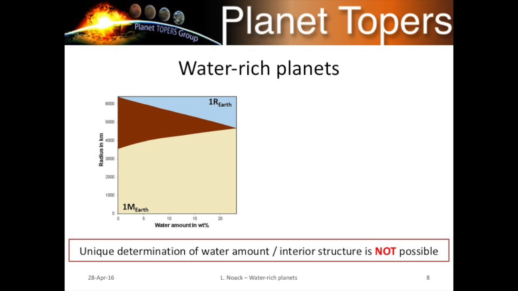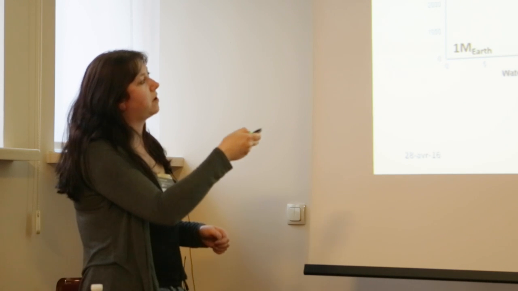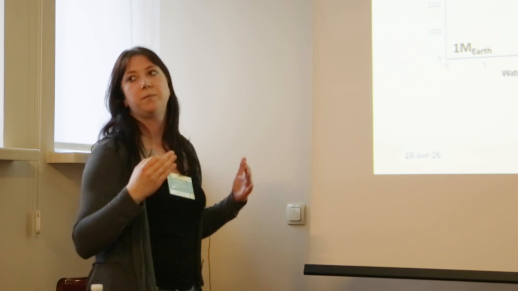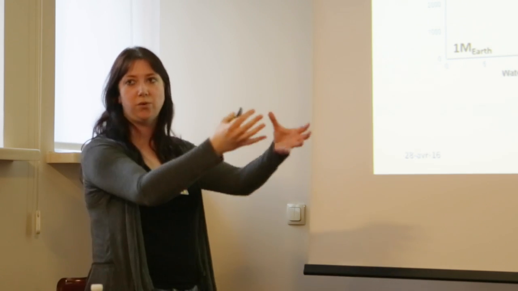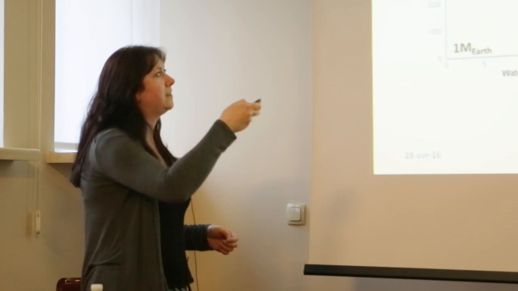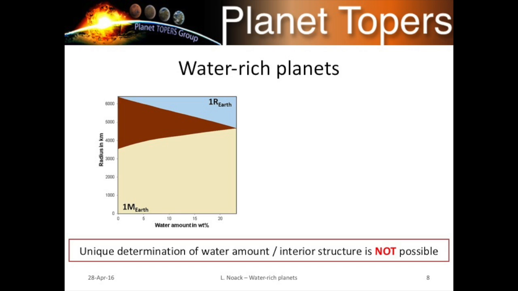This is fixed. So you can see that depending on the ratio of iron and silicates, you can actually have substantial amounts of water and still have a planet which would look like a second Earth. Of course, the cases here on the right side are less likely. But you would not be able to distinguish between a water-rich planet and a terrestrial planet.